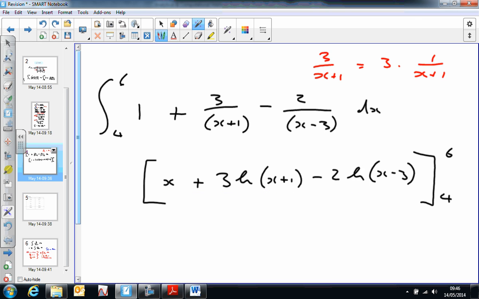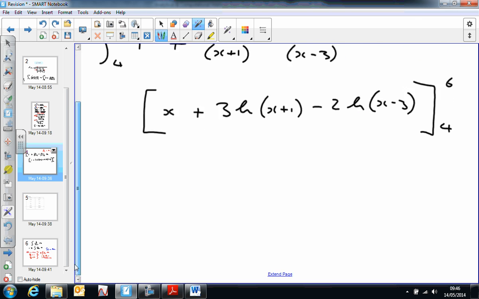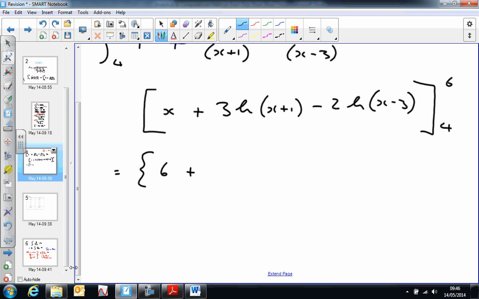So if you want to just finish that off by putting those numbers in. Remember the terminology. We can use curly brackets and then put in the first limit, 3 log what is 6 plus 1, 7, minus 2 log what is 6 minus 3, 3.